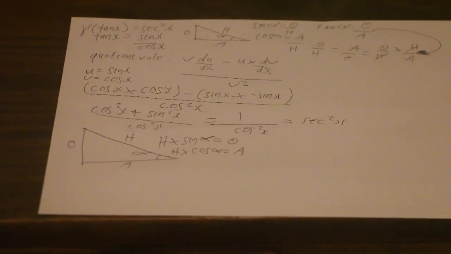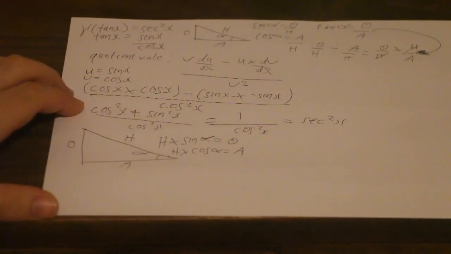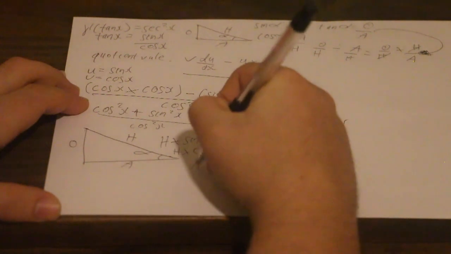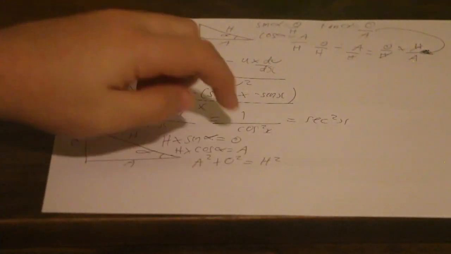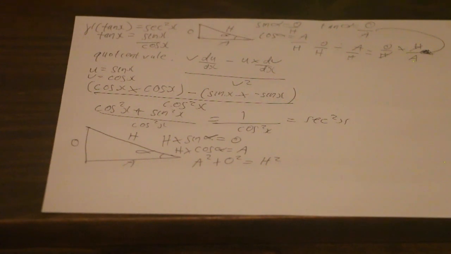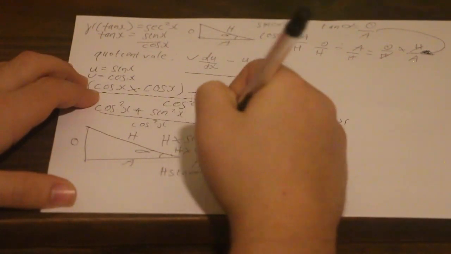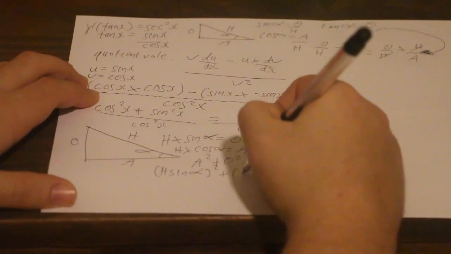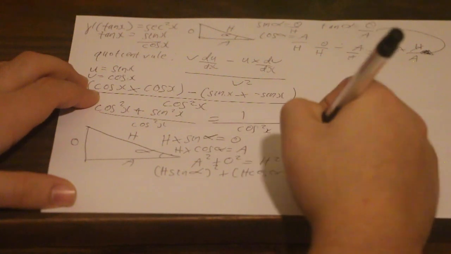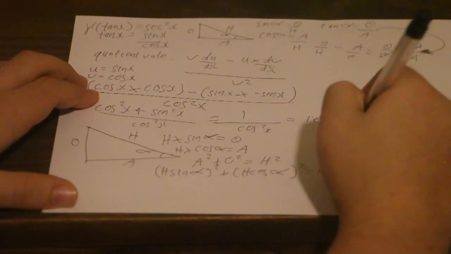And due to Pythagoras' theorem, a squared plus o squared is equal to h squared. And we have o and a, so we can substitute those in. (h sine alpha) squared plus (h cos alpha) squared. Remember to put the brackets, equals h squared.